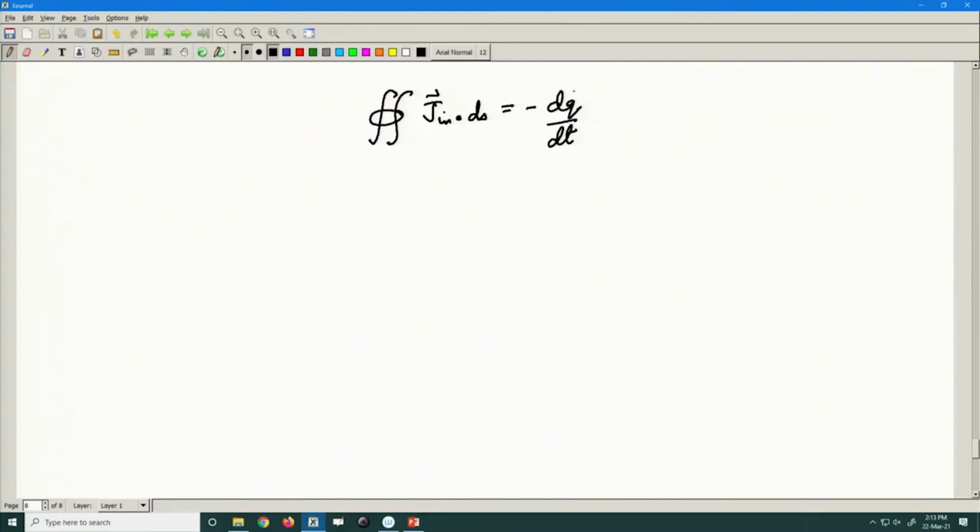So, by equation 7, we link the current I to the total charge. This is equation 7.